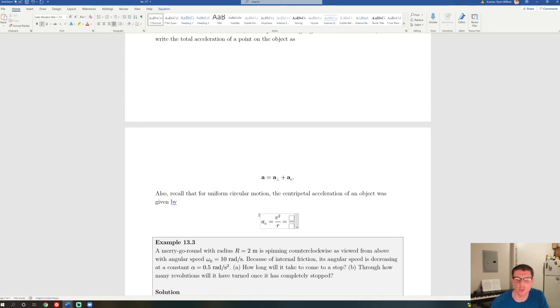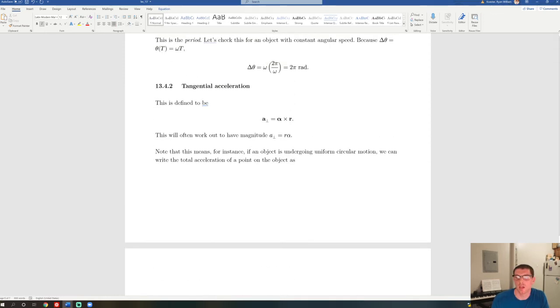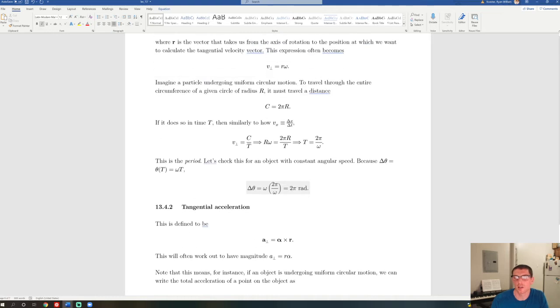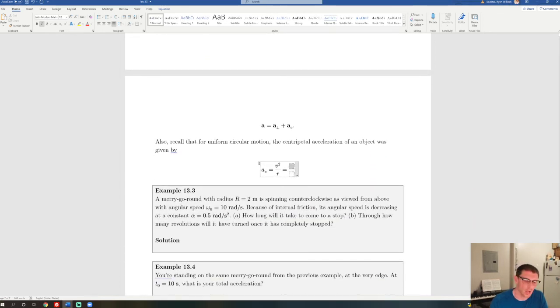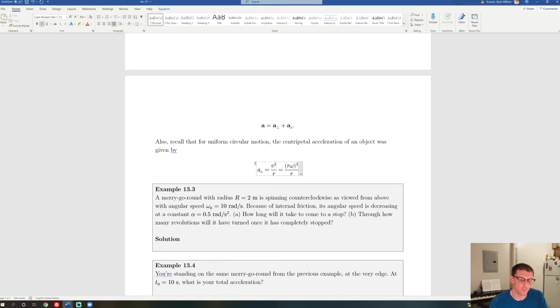Anyway, let's substitute this thing into the equation for the centripetal acceleration and see what happens. So up here, we're going to have r omega quantity squared. Down here, we have r.